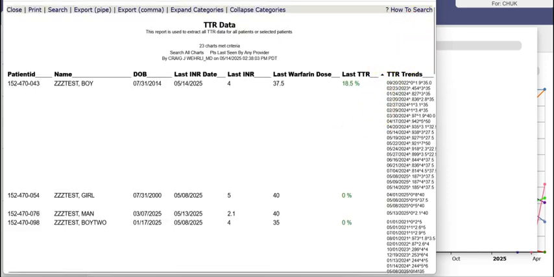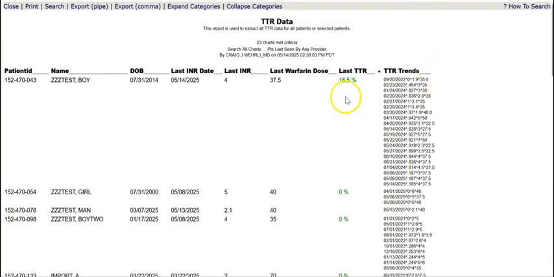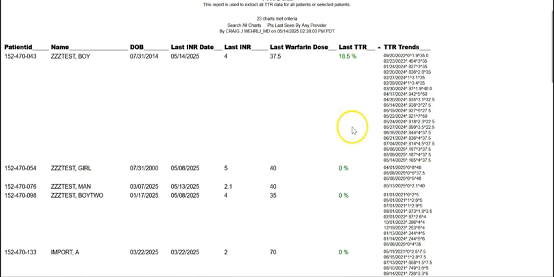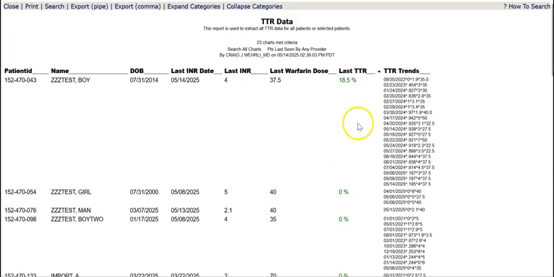And this is what that report looks like. For each patient, there is the last INR, last warfarin dose, the last TTR. This isn't the only TTR, it's just the last one for the patient. And finally, there are the TTR trends.